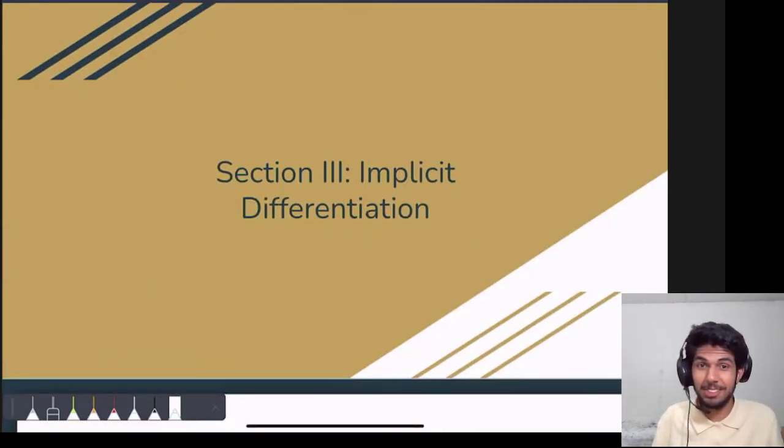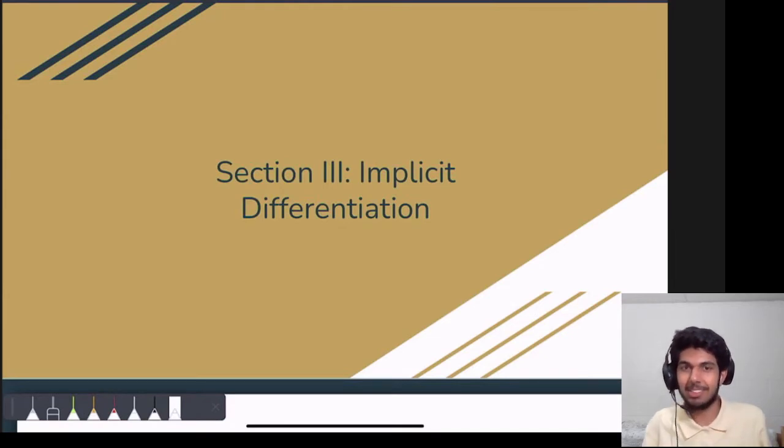Now we move on to a new section. So we've explored a lot of techniques for differentiation. That was the entire section 2, all of those techniques. So now we move on to something called implicit differentiation, which is not a technique for differentiation, or it's not a trick, it's a specific instance in which we need to use a special kind of differentiation.